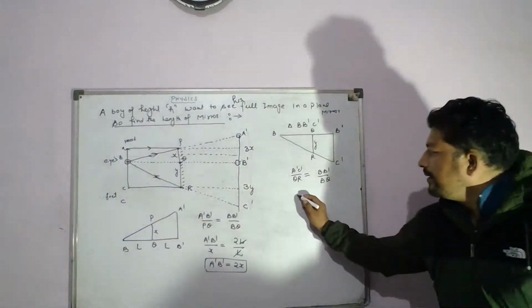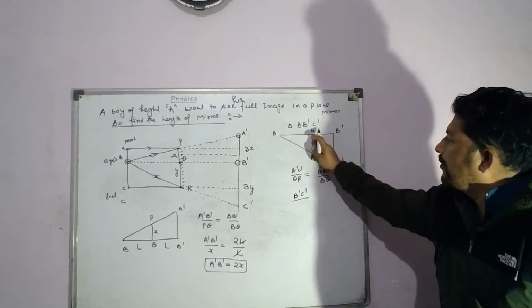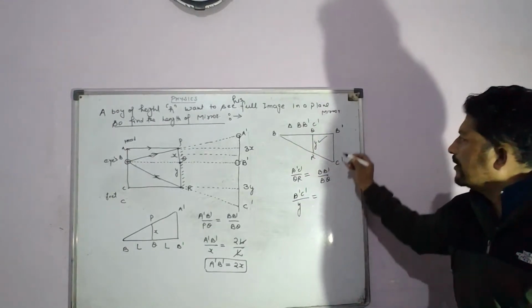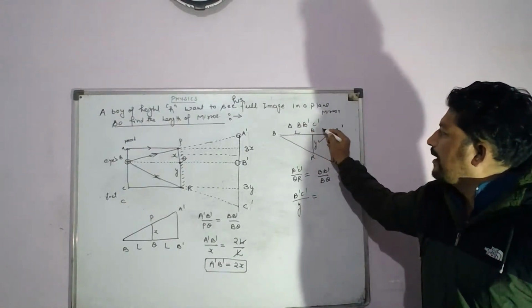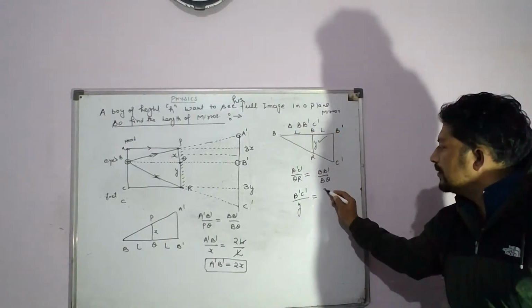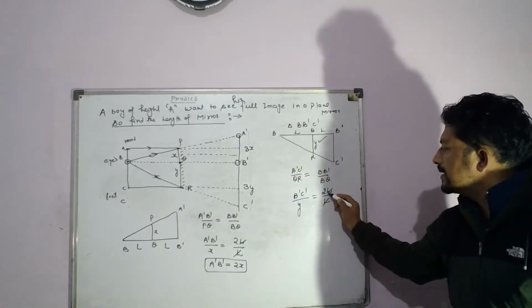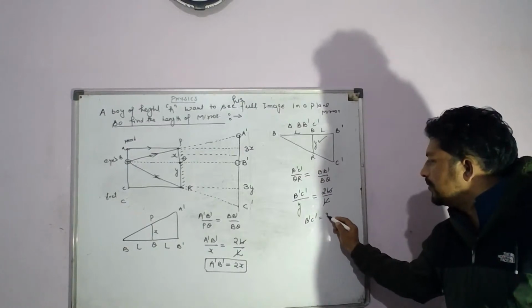So B dash C dash upon QR is y by, equal to BB dash, which is here L by 2, and BQ is L, so it cancels out. So B dash C dash is equal to 2y.